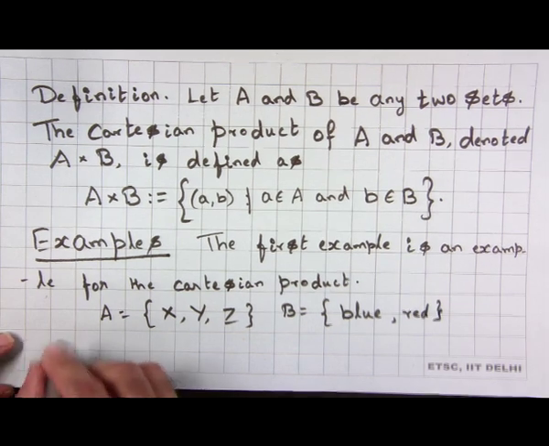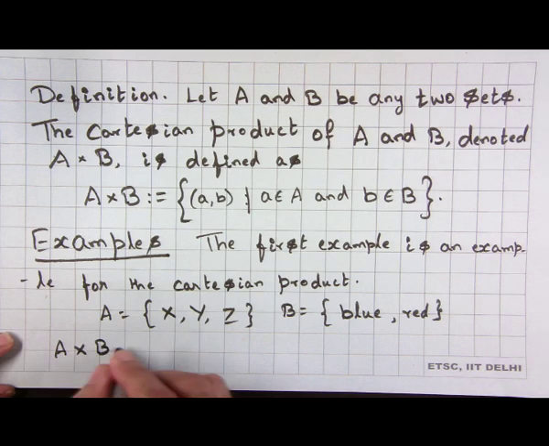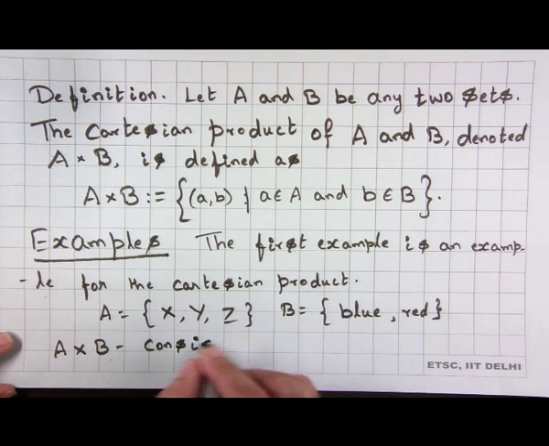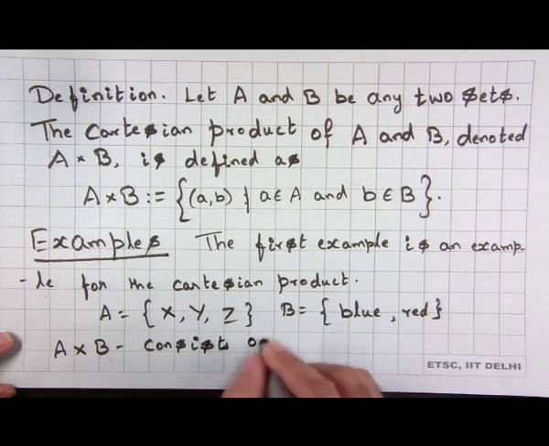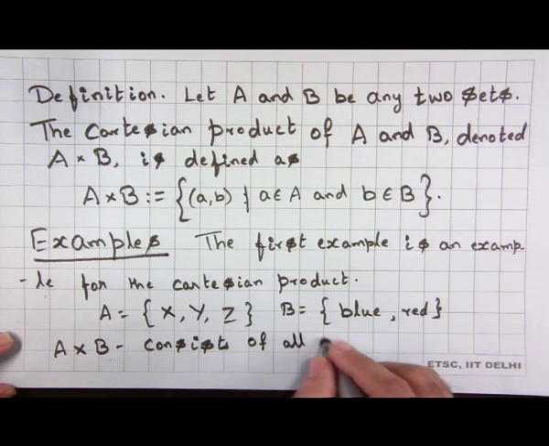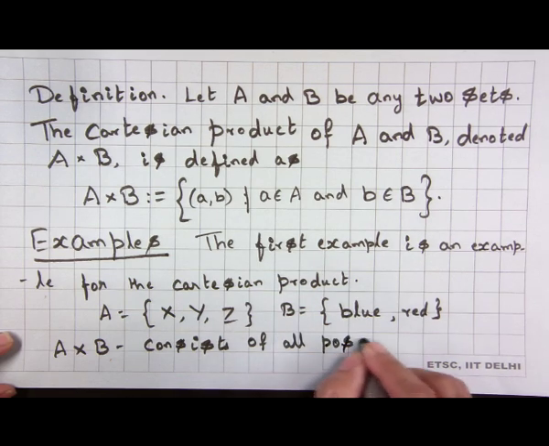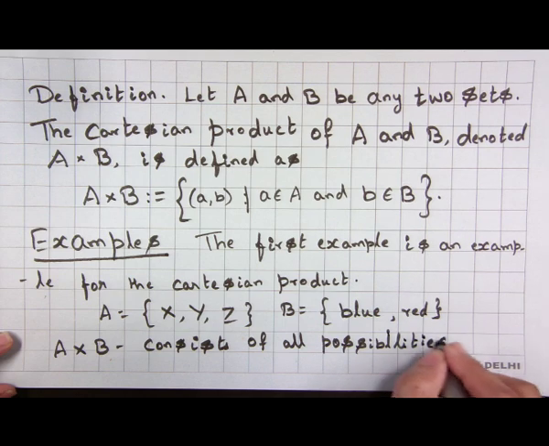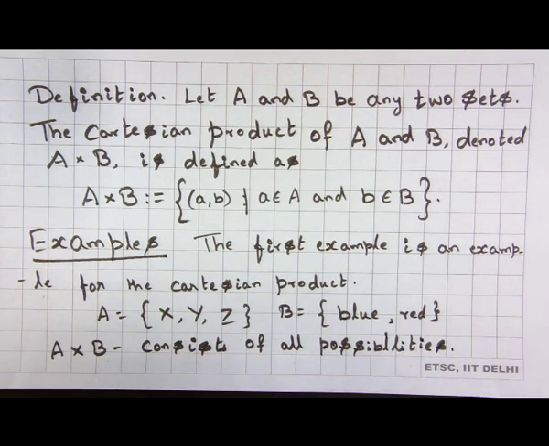So, A cross B consists of all possibilities, that means which colored ball are we going to put inside the bag x or y or z, that is what it says.